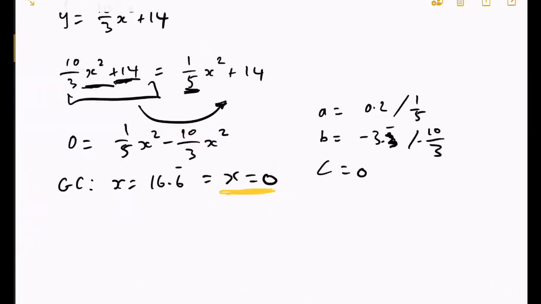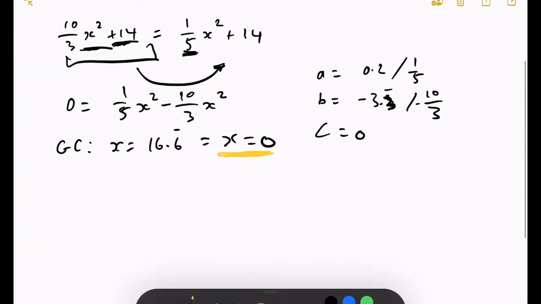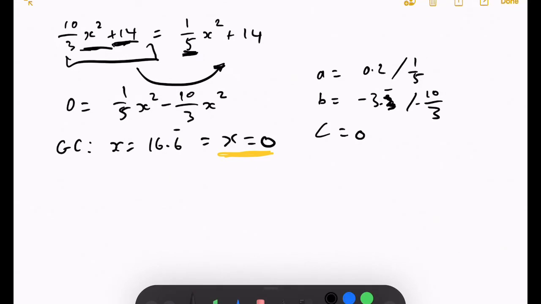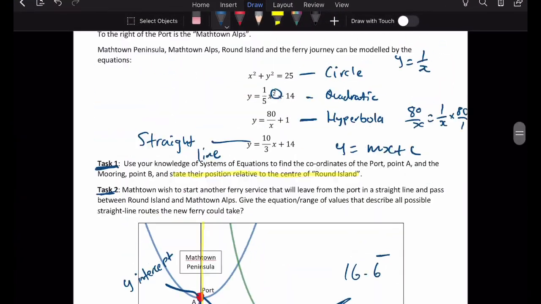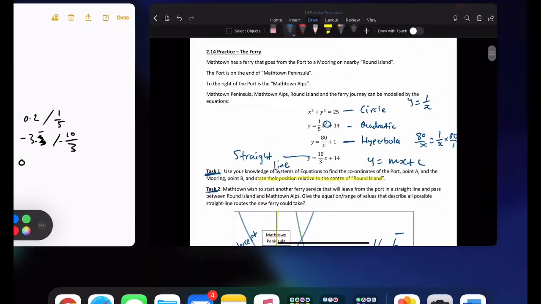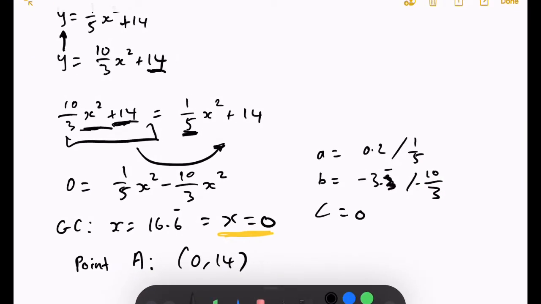And now we come back here. We're going to write the final coordinate of point A: 0, 14. I got 14 because when you know that y-intercept, it intersects at that area, and we know that is 14 from this equation, because that's the intercept.